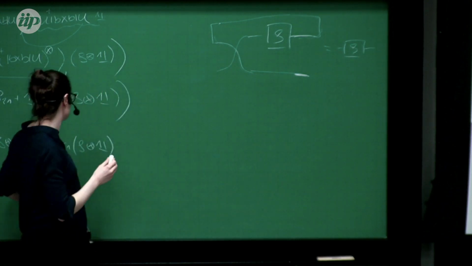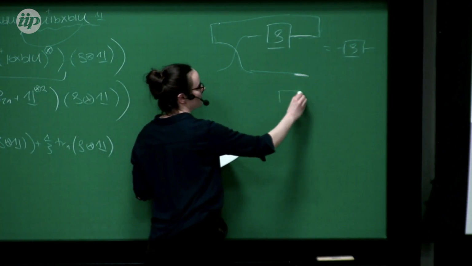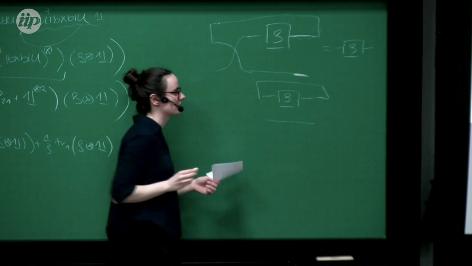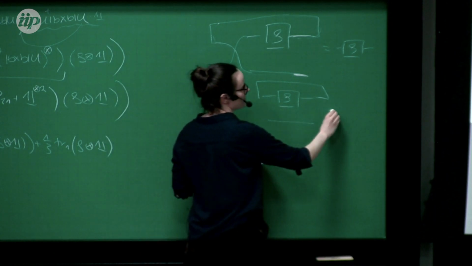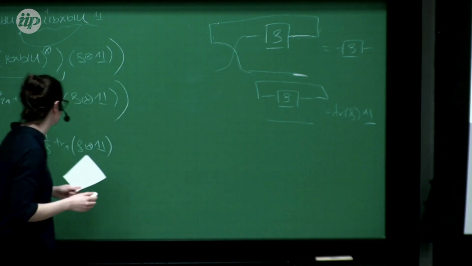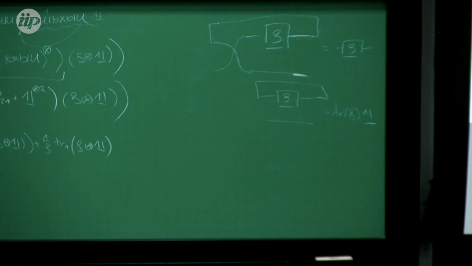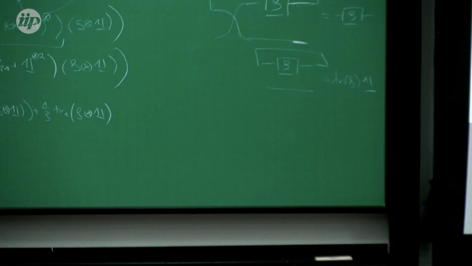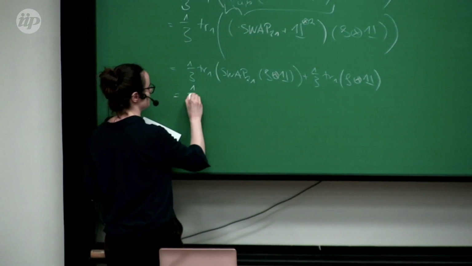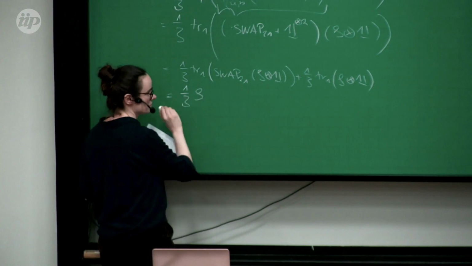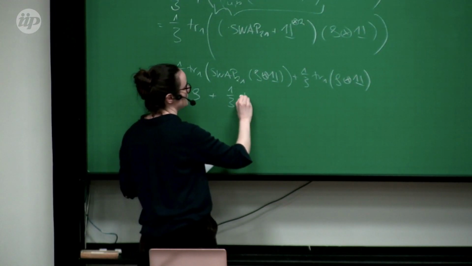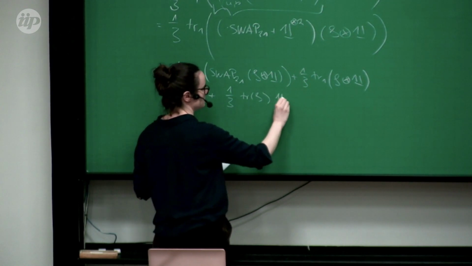And the other term I will write down again is rho tensor identity, and then we take the trace over the first subspace. So this is just trace of rho tensor identity. And if I insert that here now, this is 1/3 rho plus 1/3 trace of rho times identity.